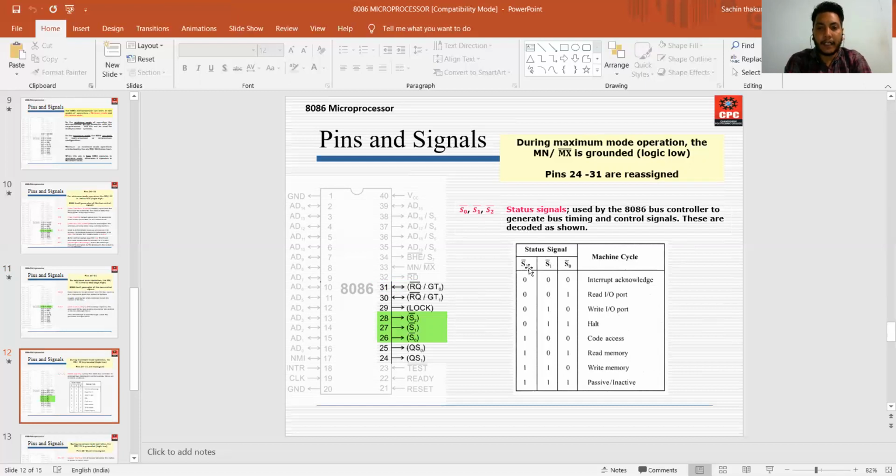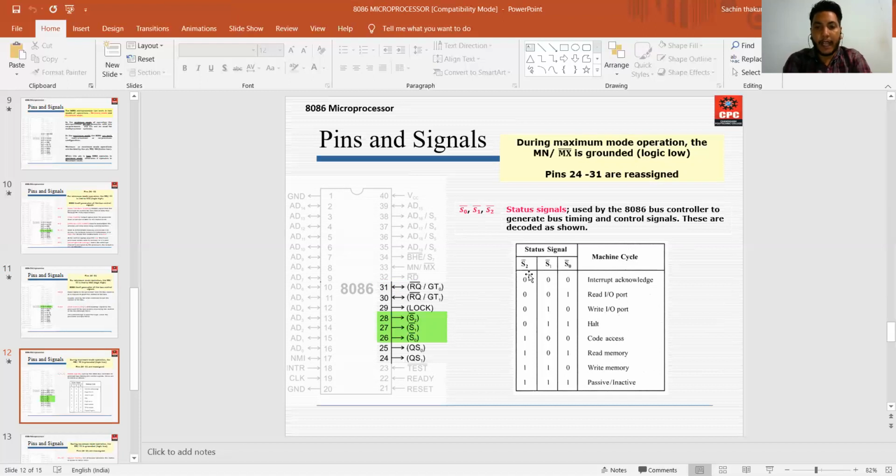If the signal on S2, S1, and S0 is at logic 0, it means there is an interrupt acknowledge. If S2 and S1 are at logic 0 and S0 is at logic 1, it means read input output port.